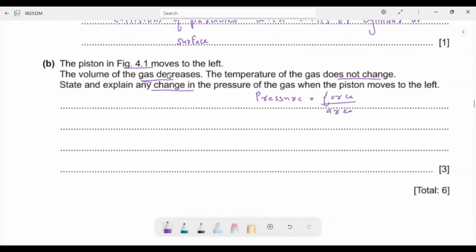Now here area has decreased. So what will happen to pressure? It is inversely proportional. So the pressure will automatically increase. So the answer is here. The area of the cylinder decreases.